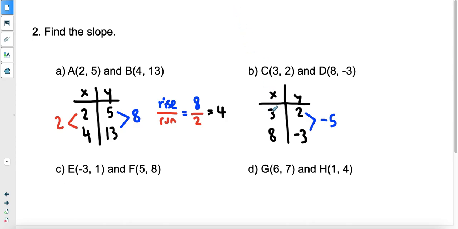To go from 3 to 8, you're going to go up 5. And now, to find the rate of change or slope, we're just going to divide these 2 values. So we're going to take negative 5 and divide that by 5. Negative 5 divided by 5 is just negative 1.